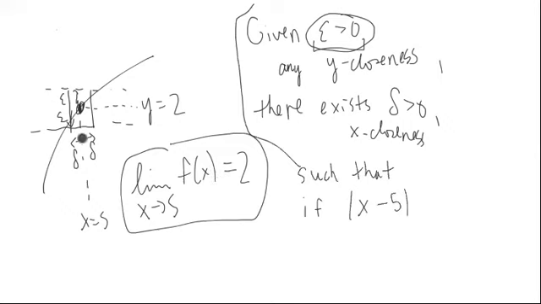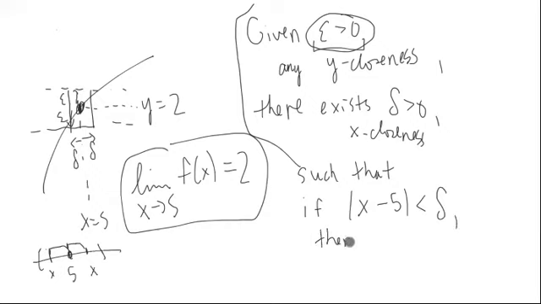Here's 5, and here's your x value, so x minus 5 with its opposite value is that distance. And also, if x is over here, same thing, x minus 5 is going to be negative, but take the opposite value, and it'll be the distance. So if you're in the x closeness, that means the absolute value of x minus 5 is less than delta.